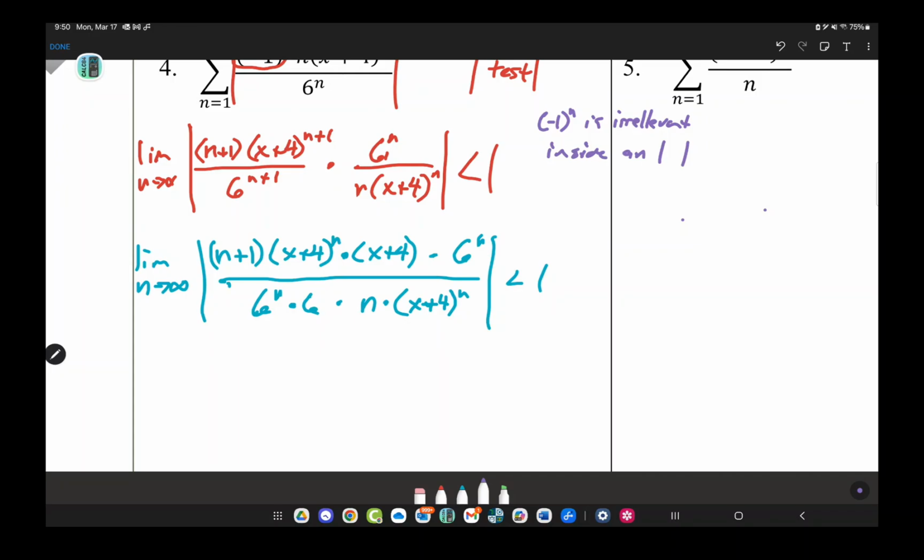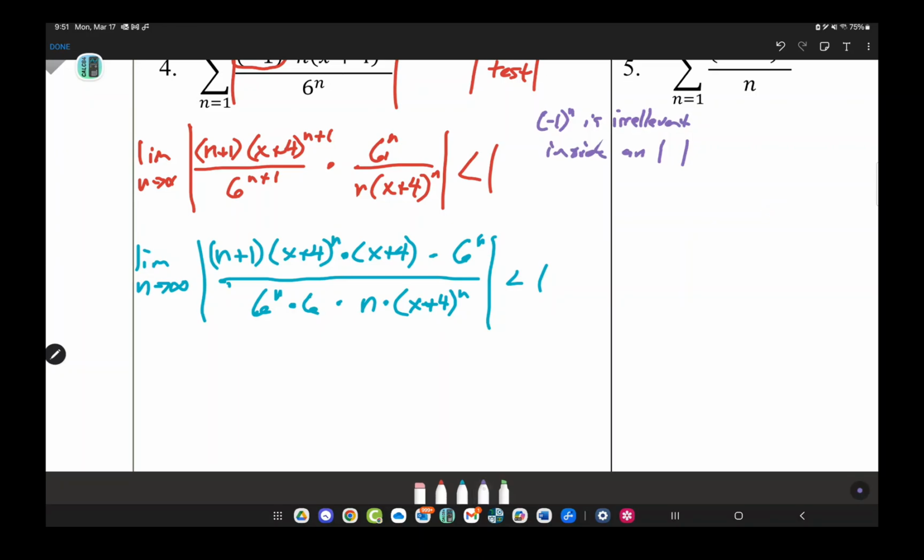It's 1. So the negative 1 to the n power would not have any effect on this function if it's inside an absolute value. It just goes away.